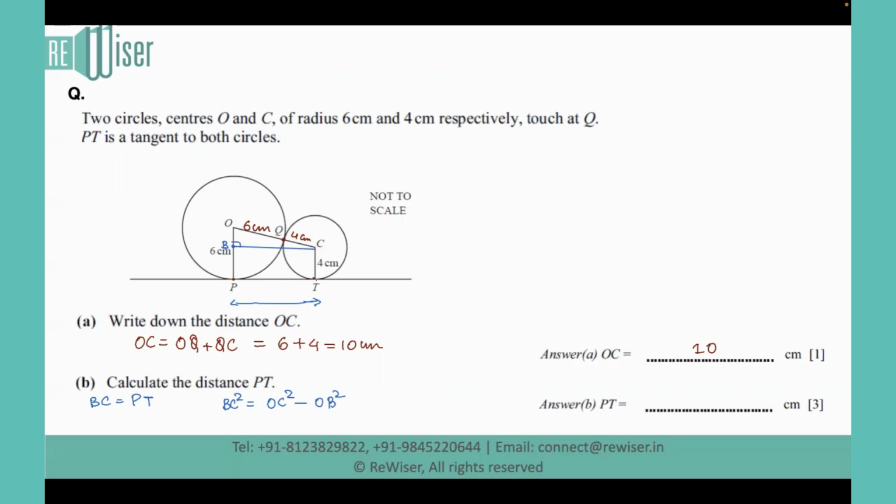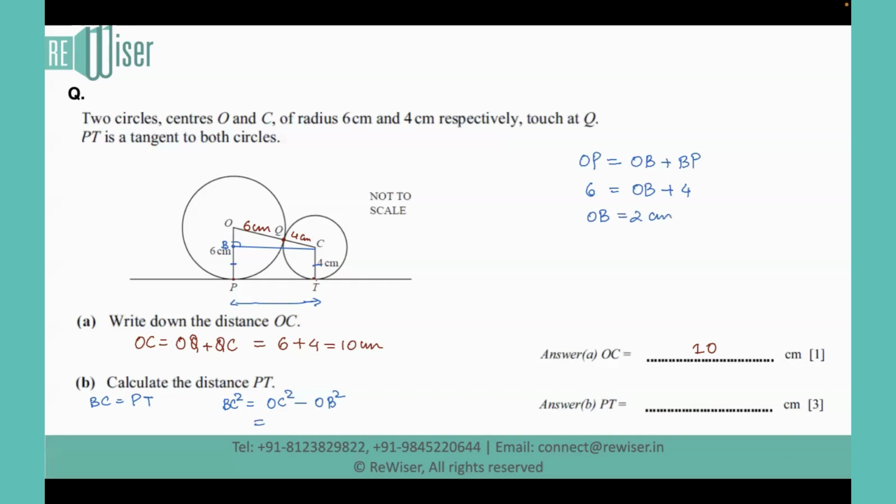So OP is equal to OB plus BP. OP is 6 centimeter. BP will be equal to the length CT, so we can say it is 4 centimeter. So the length of OB will be 2 centimeter.